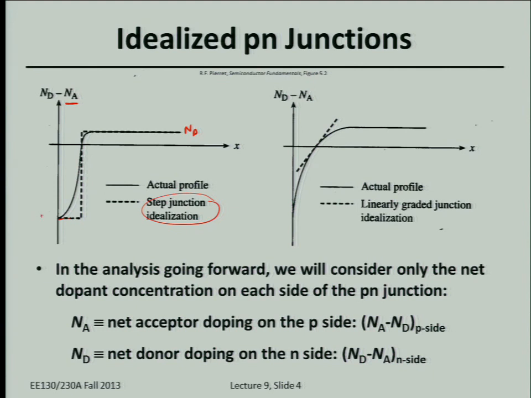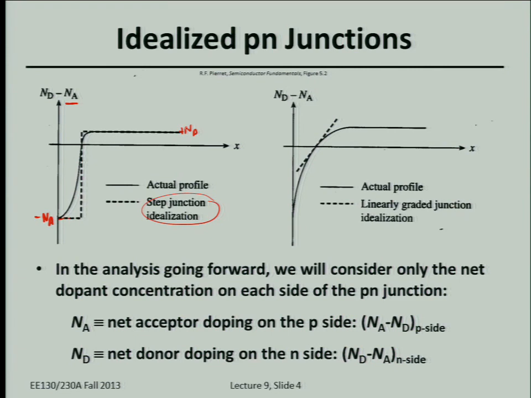Right, so this is minus Na, and this is plus Nd. Just keep in mind, we're ignoring the fact that there are dopants of both types on each side of the junction, just writing equations as if there's only one type of dopant on each side of the junction. Now, where is this going to really affect our estimations?